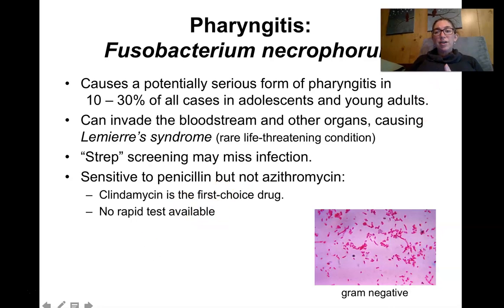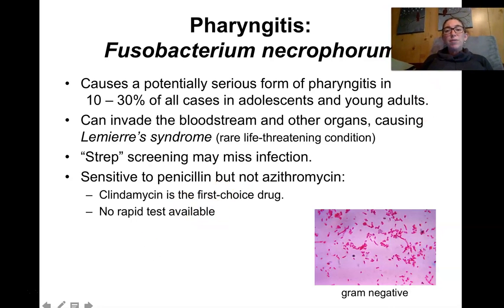Another bacteria that can cause pharyngitis is called Fusobacterium necrophorum, and it is a gram-negative bacteria, unlike the gram-positive Streptococcus. It can cause a really serious form of pharyngitis, usually in people who are slightly immunocompromised, but most of the cases that occur are in adolescents and young adults.